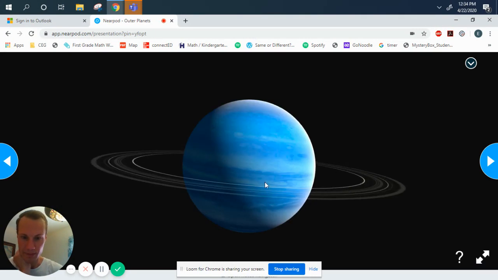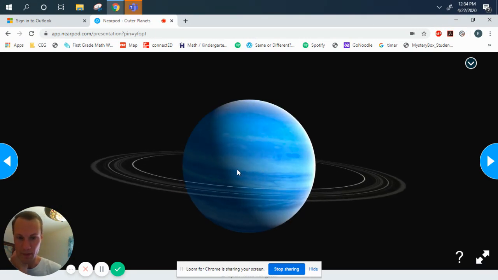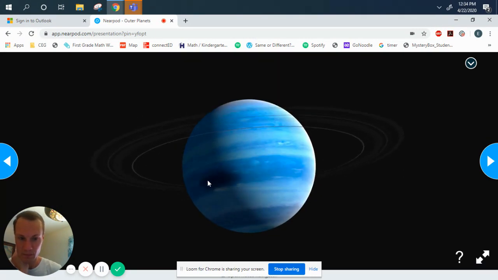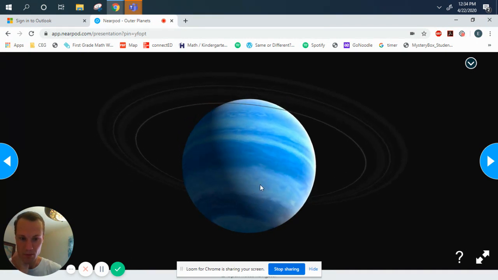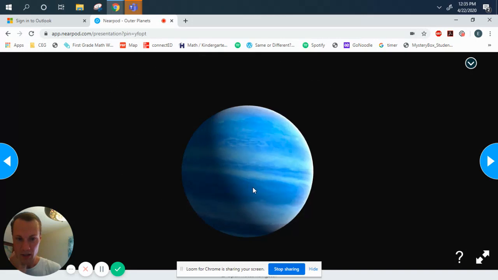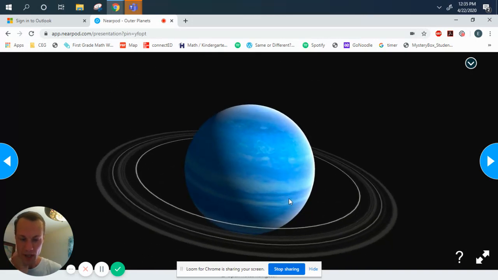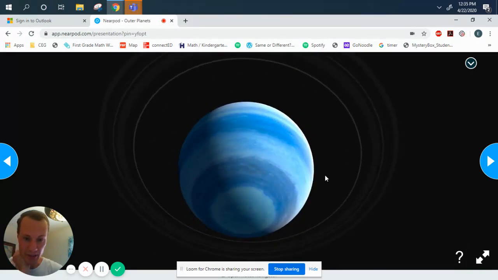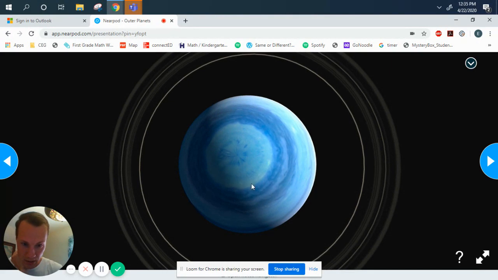And the last one, Neptune. This one's kind of got that same cloudy look as Jupiter. Again, it's blue. It's got rings. Lots of clouds, dust.